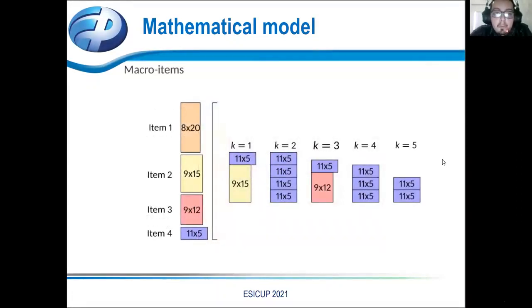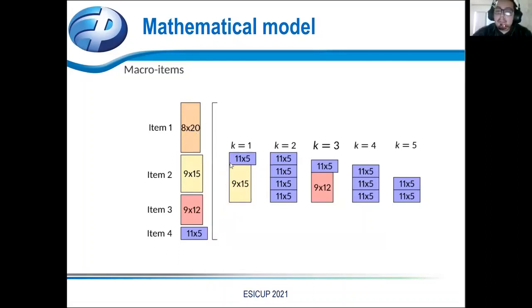Moreover, we use a strategy that we call macro items, in which each macro item is composed of two or more items allocated one above another. And the upper bound for the height of a macro item is the height of the largest demanded item. So in this example, the largest item is item 1 with height 20.